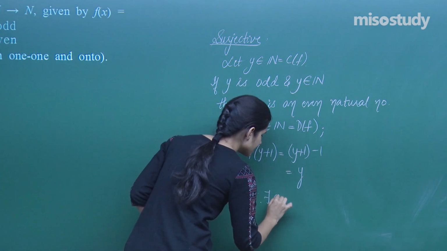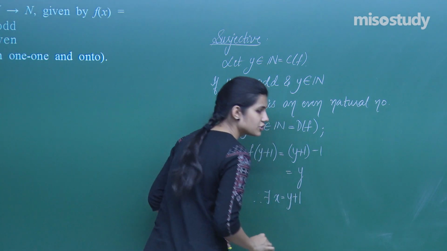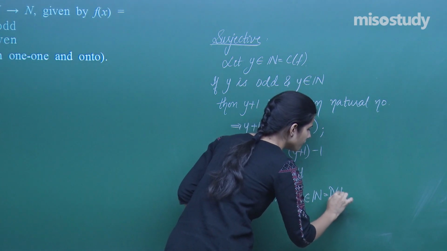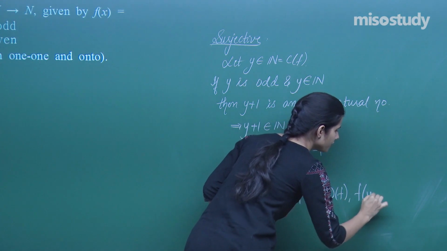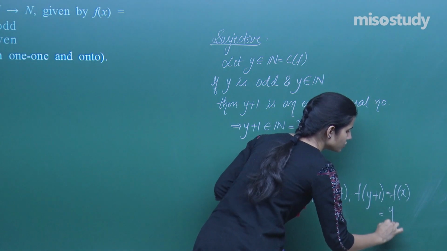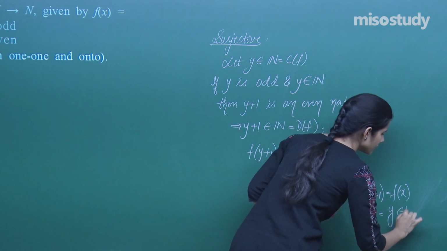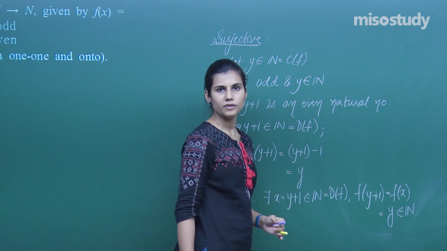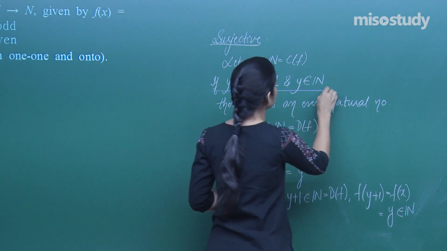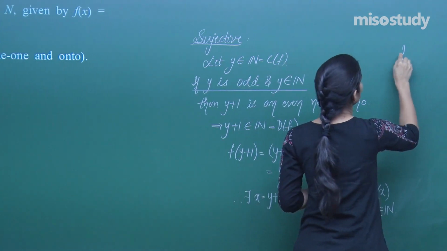Therefore, there exists x equals y plus 1, which is an even natural number, sitting in the set of natural numbers which is the domain of f, such that f of x, that is f of y plus 1, is equal to y, which belongs in the codomain of f. And this is one case, if y is odd. Next, if y is even.